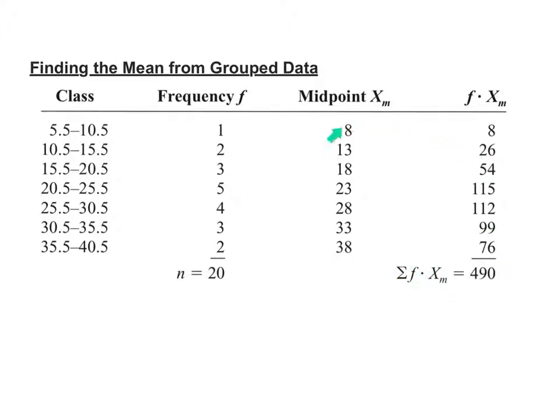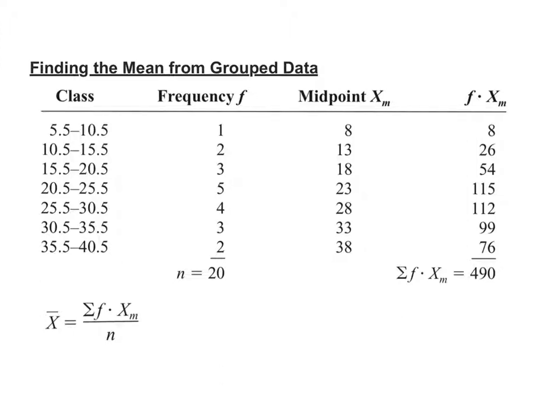So this is like I had 1 8, 2 13s, 3 18s, 5 23s, 4 28s, 3 33s, and 2 38s in my data set, and I added them all up, right? This is just sort of a slicker, quicker way to do that. So the sum of all the data, quote unquote data, because we don't actually know the data. We're pretending that the data is represented by the midpoints. So to find the mean, I take this sum, divide it by the number of numbers, and that gives me my mean. And that's what this symbolism means, okay?